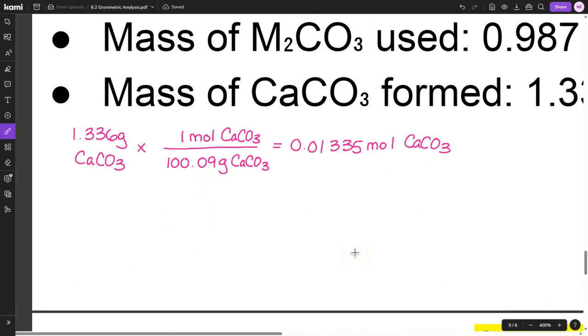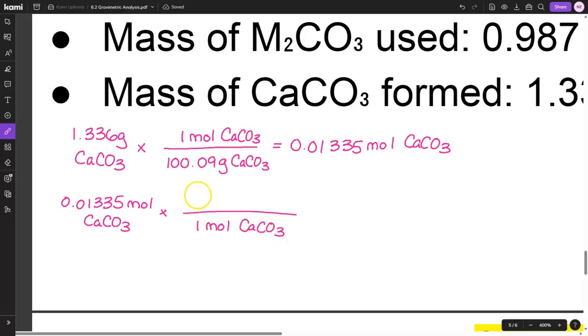So I can take my moles of calcium carbonate and convert those to moles of our metal carbonate. It's 1:1, so for every 1 mole of calcium carbonate, I'm going to need 1 mole of our metal carbonate. I know this seems a little unnecessary because it's 1 to 1, and we're going to get the same number, but it's not always 1 to 1, as you'll see in our next example.